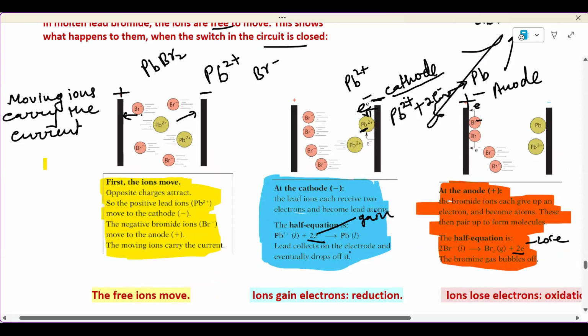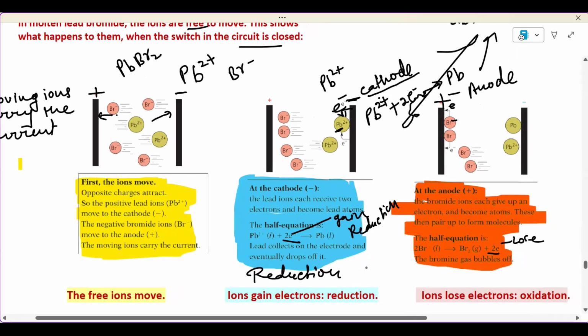Gain of electrons is reduction, and loss of electrons is oxidation. So this is reduction, and here it is oxidation because ions lose electrons.